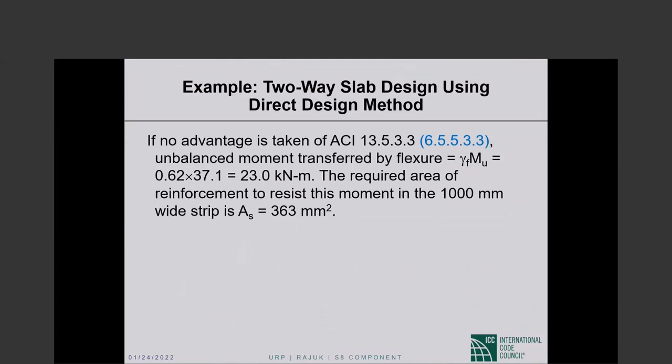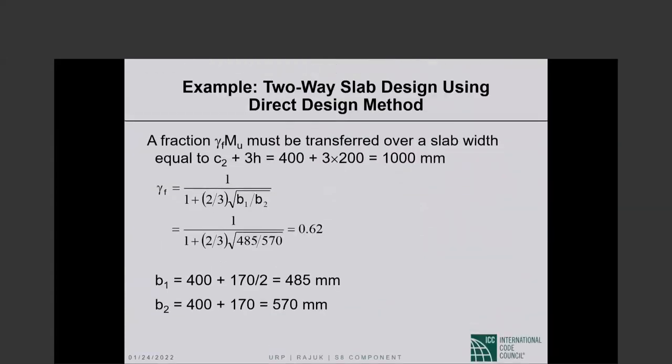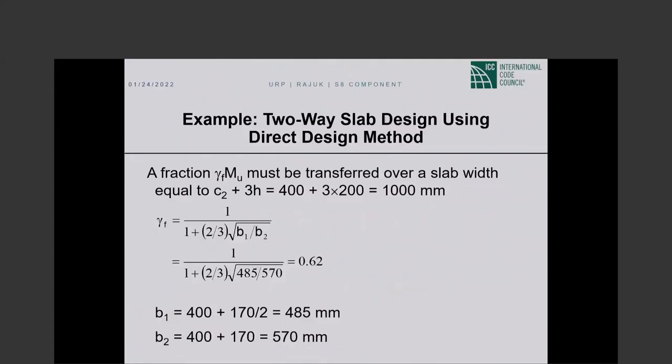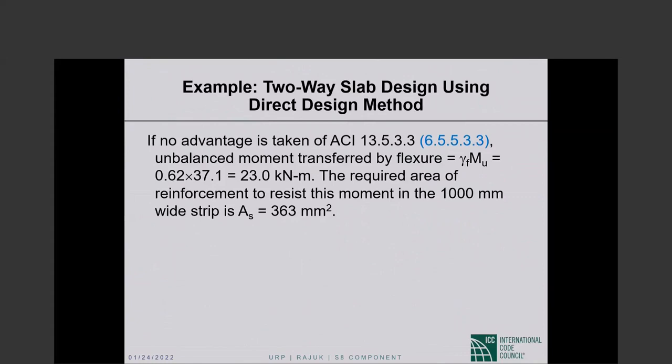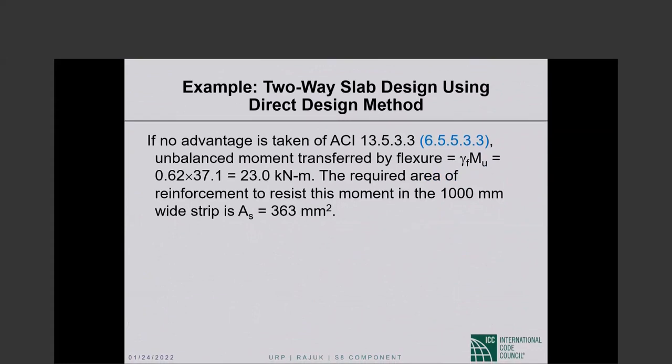Now, I want to emphasize that you absolutely must pay special attention. So we have an unbalanced moment of 37.1, I think it was 37.5, 37.1 kilonewton meters. And our calculation says 62% of that is transferred by flexure.